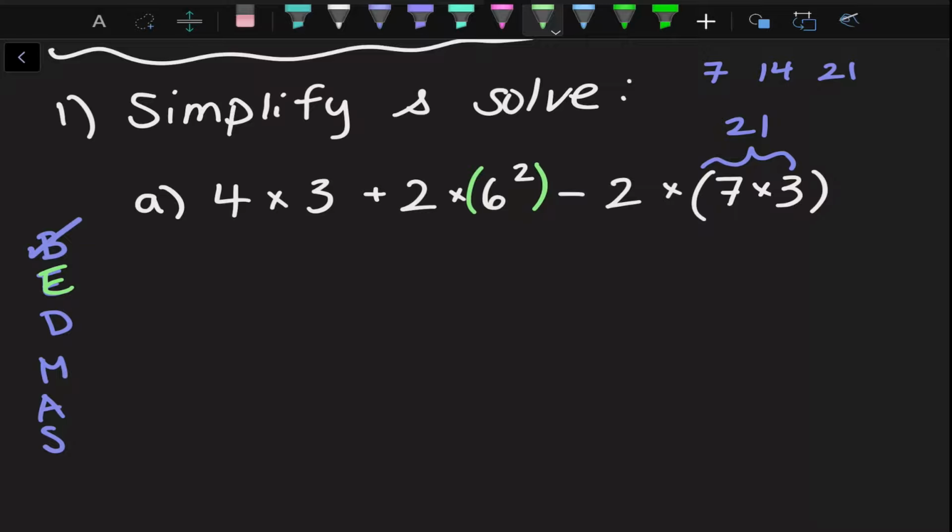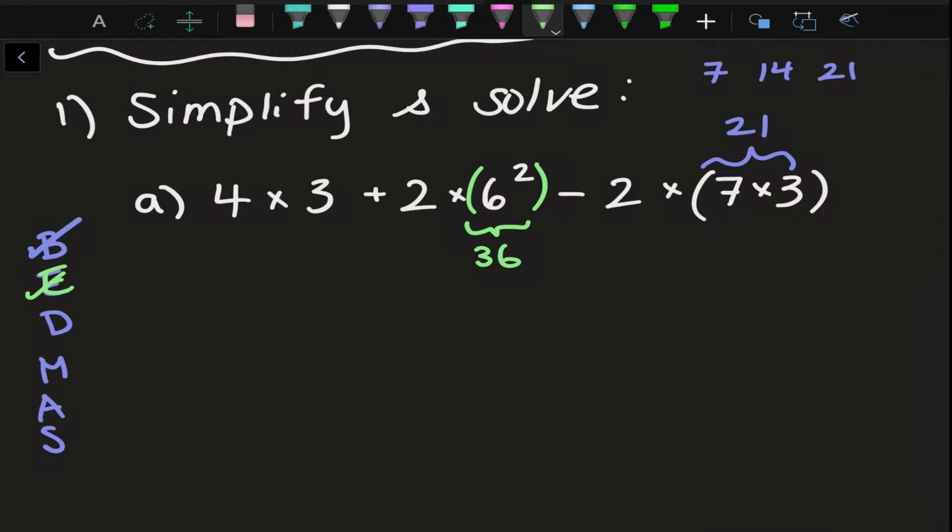So I'm going to do that next. 6 squared. 6 times 6 is 6, 12, 18, 24, 30, 36. Right there. 36. Okay. That's all my exponents done.